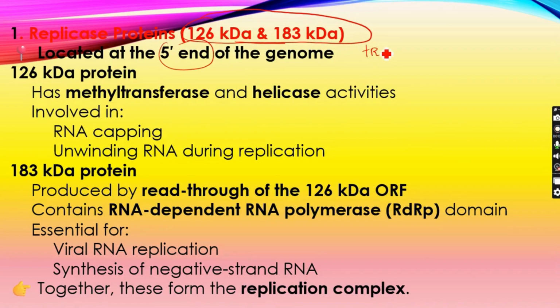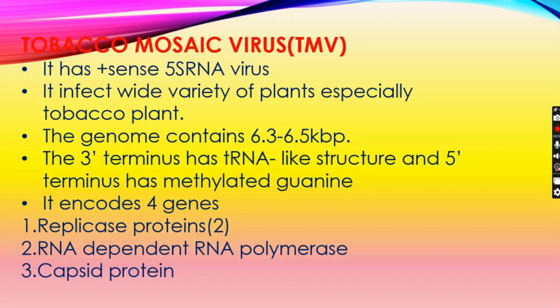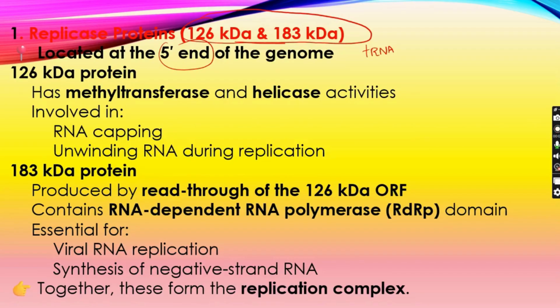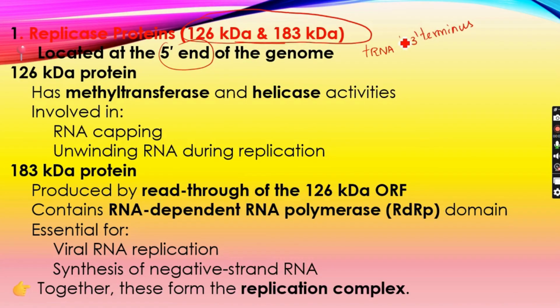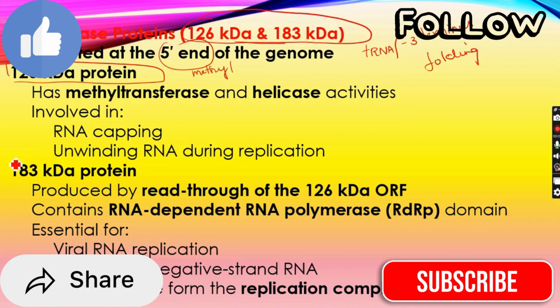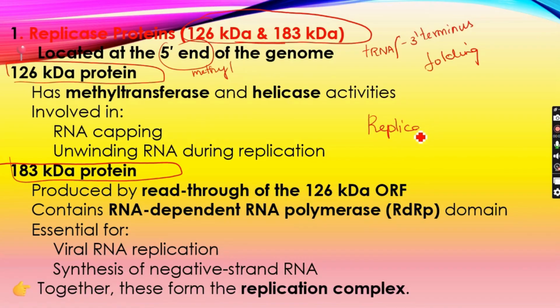As we said, a tRNA is made by the 3' terminus, which undergoes folding into tRNA, whereas the 5' end gets methylated. This end of the genome synthesizes the 126 kilodalton and 183 kilodalton proteins, which are involved in replicative action.